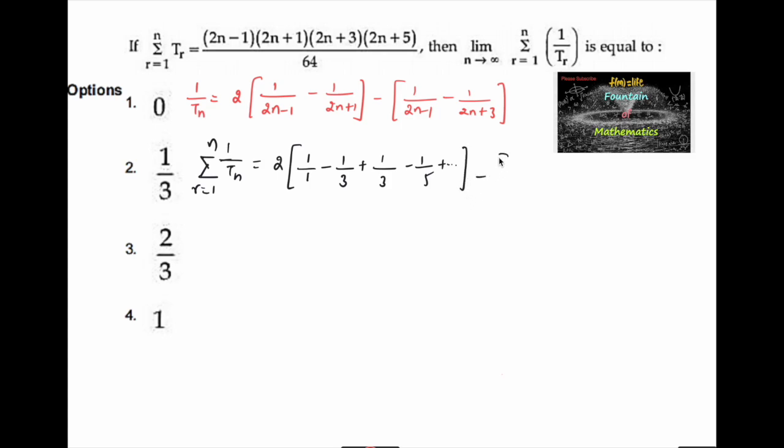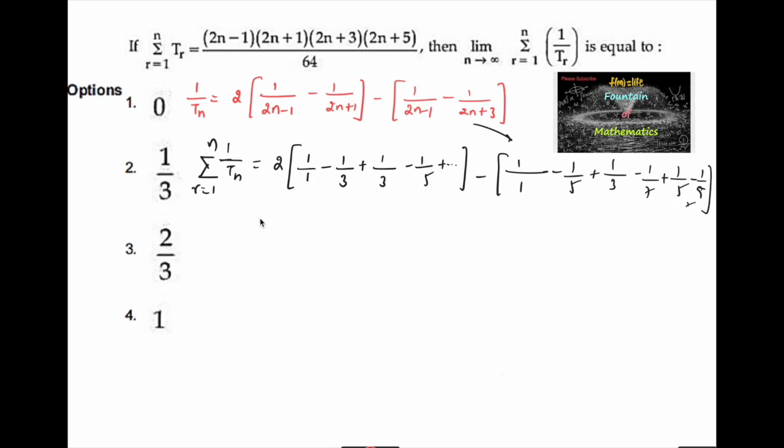And again here, minus of the second term, 1 upon, if we take r is equal to 1, 2 ones are 2 minus 1 is 1, minus 1 upon 2 ones are 2 plus 3, 5, plus 1 upon 2 twos are 4 minus 1, 3, minus 1 upon 2 twos are 4 plus 3, 7, and again plus 1 upon 2 threes are 6 minus 1, 5, and minus 1 upon 2 threes are 6 plus 3, 9, and so on.